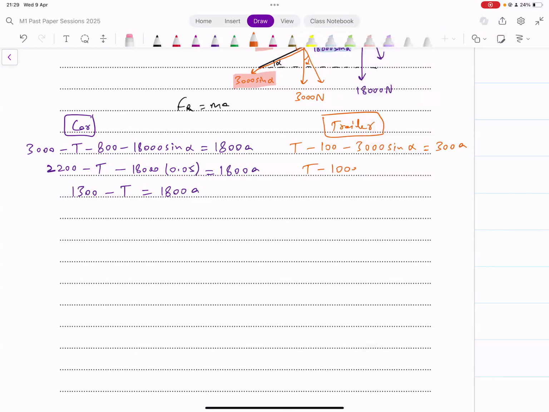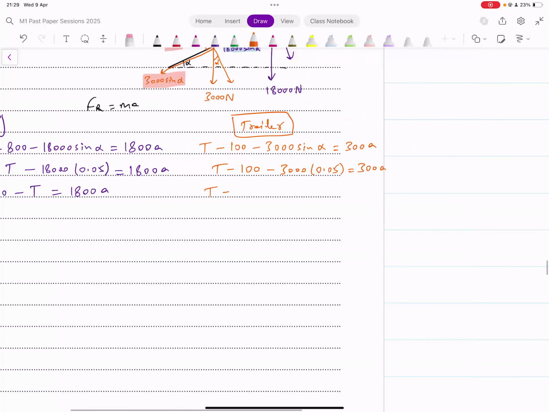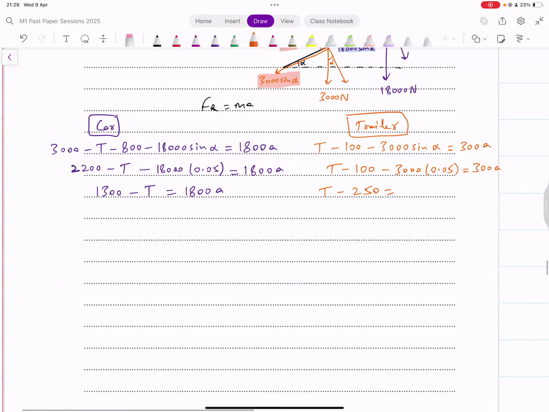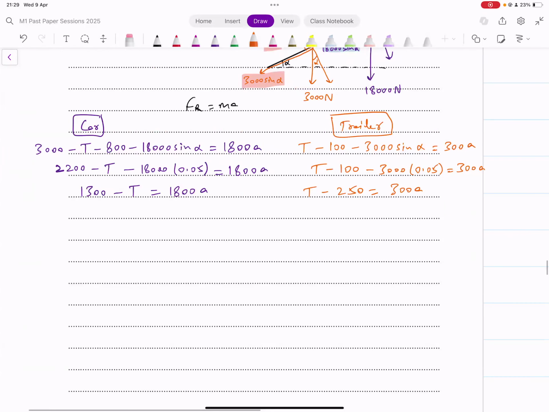T minus 100 minus 3000 into sine of alpha, that's 0.05, equals 300 times acceleration, and that gives us T minus 250 equals 300 times acceleration. These are two equations that we get.